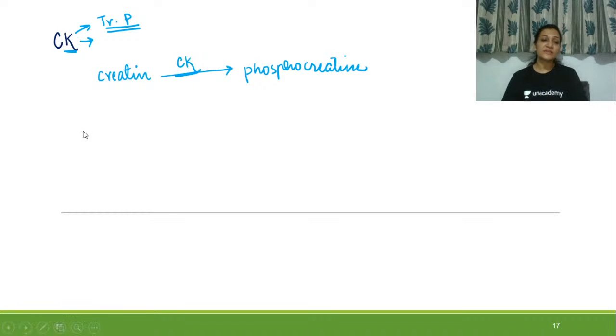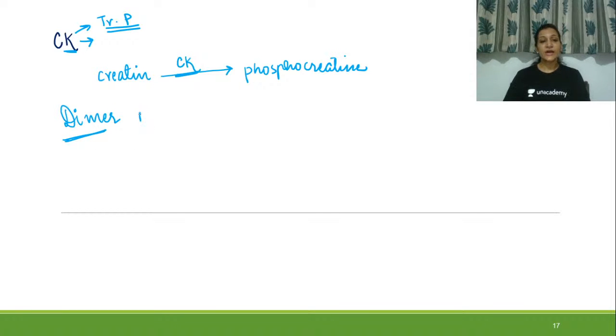So when we were discussing LDH, we discussed how many polypeptides make up a single LDH. And when we are talking about creatine kinase, how many chains are there? It's a dimer. This CK is a dimer, right?